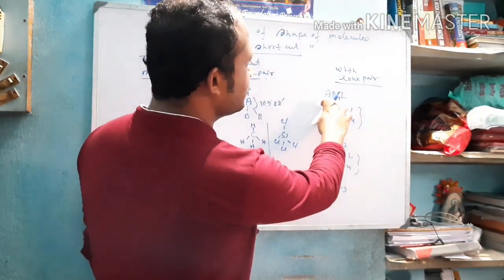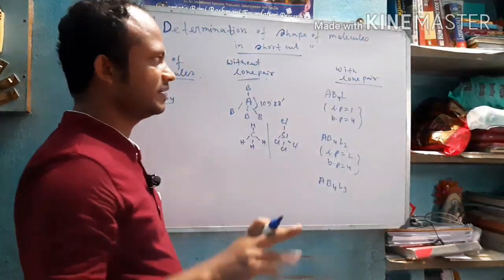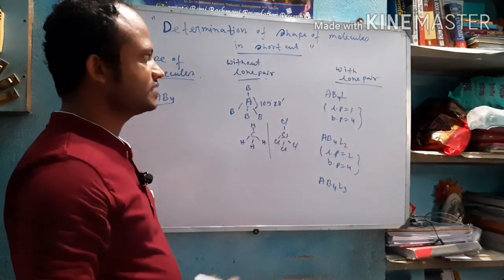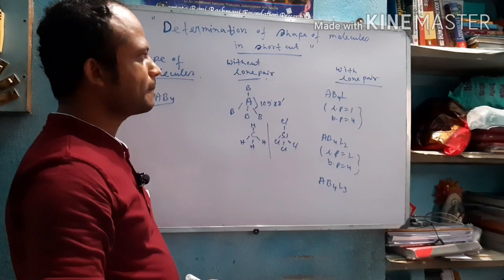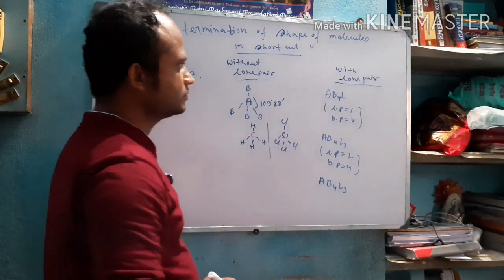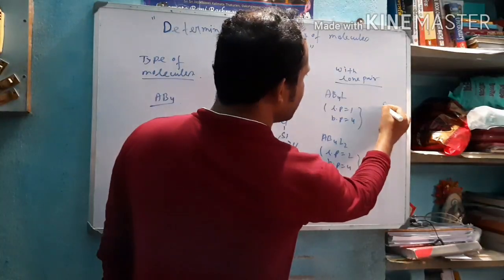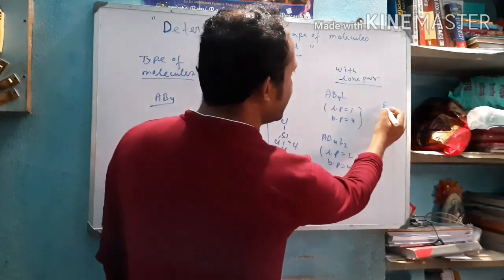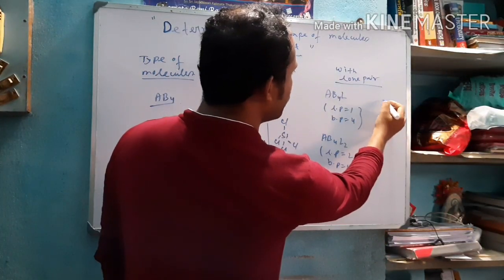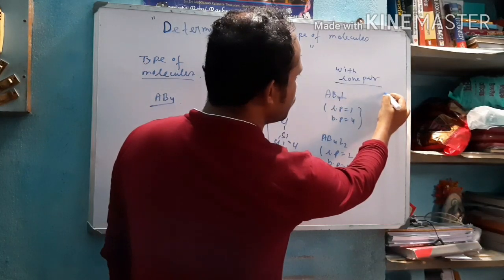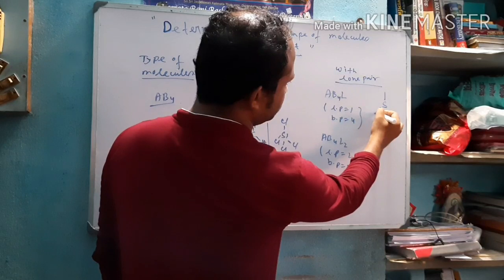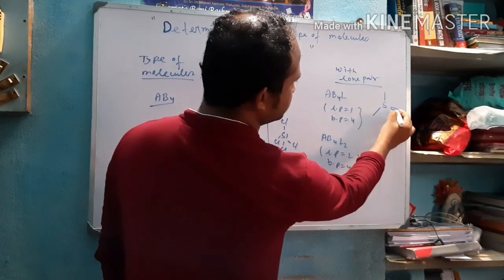Here A atom has 4 electrons and 1 lone pair, that is 4 and 2, 6. So valence shell is 6, that is a group 16 element, that is sulfur. Sulfur with 4 monovalent atoms like fluorine and 1 lone pair.